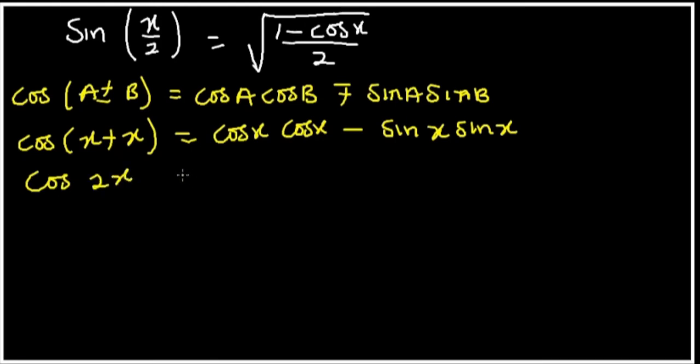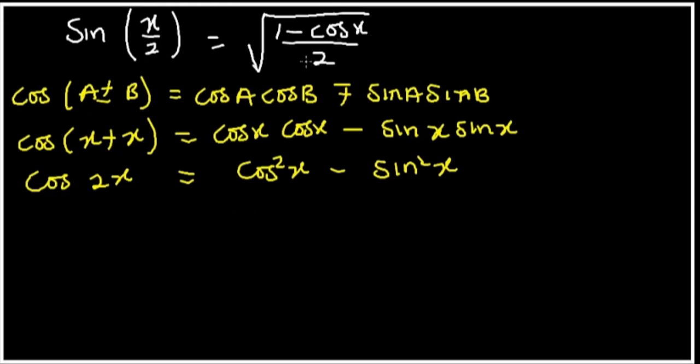Okay, very fine. So here cos x times cos x, that is cos square x, because they are the same thing, minus what? Sine square x. This is another identity. Cos 2x is equal to cos square x minus sine square x. Some of you should know how to get this one.